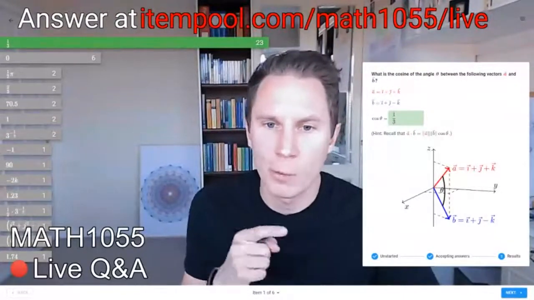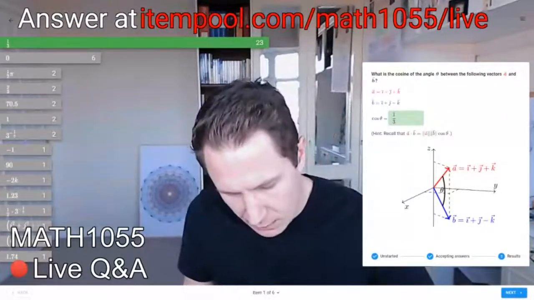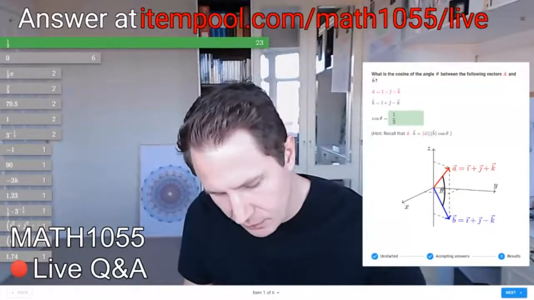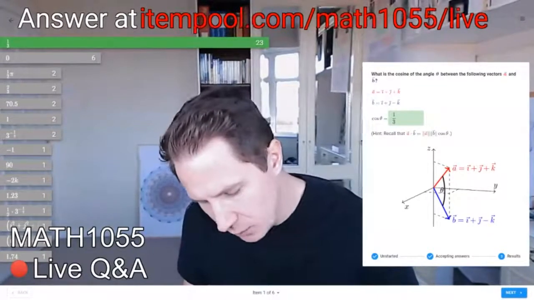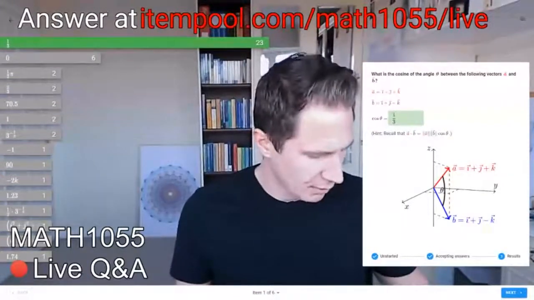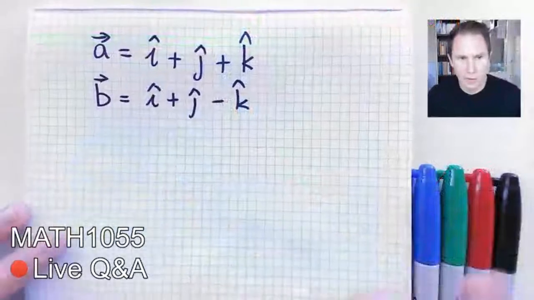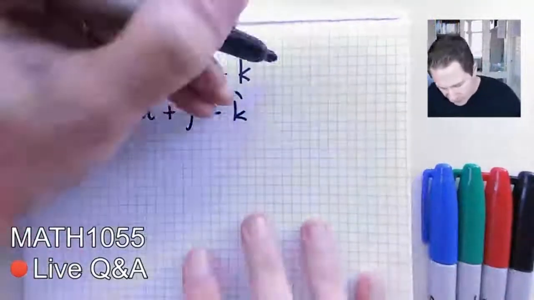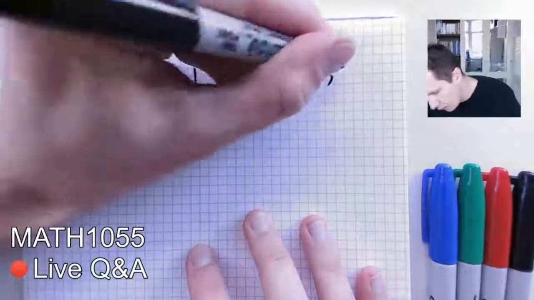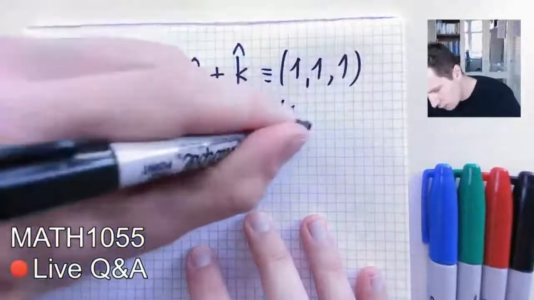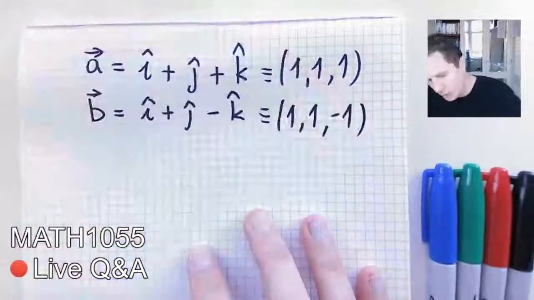So it means that basically it has the Cartesian coordinates 1, 1, 1, and B is quite similar to A, except it has its last coordinate as minus 1. So these are the two vectors. This is something that we usually write as 1, 1, 1, and 1, 1, minus 1.